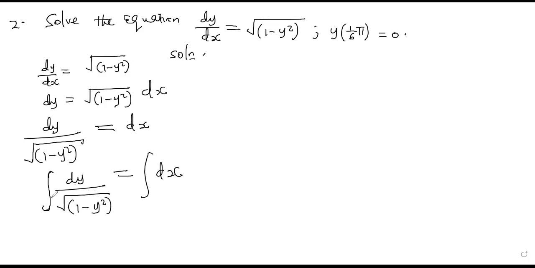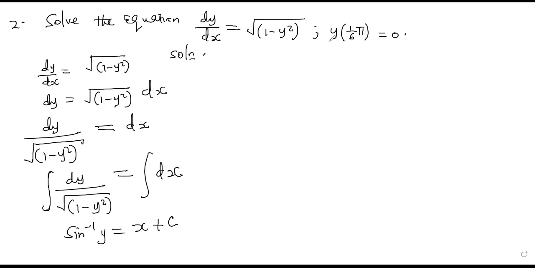So when you integrate this, you get sine inverse of y. If it is a bit confusing, I would recommend that you check on my playlist where there is sine substitution of integration. You can get all the details about this. When you integrate dx, you get x plus a constant of integration.